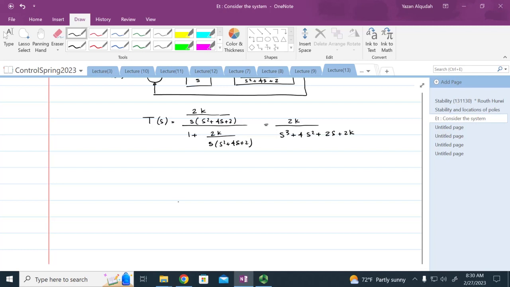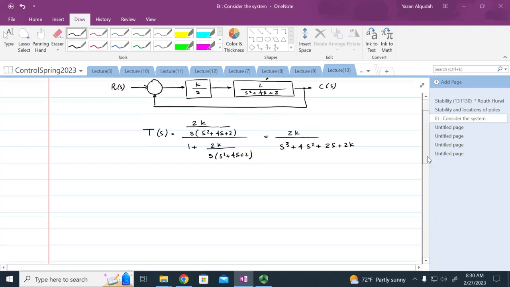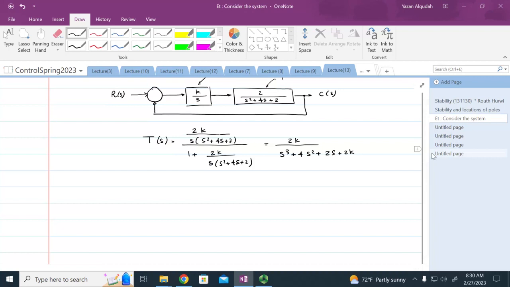So therefore, the stability is a characteristic of the system. Okay. So what we like to do, if we are designing a controller, I mean, this is a controller. For some reason, we chose the controller to be like this. And therefore, we want to know what are all the values of k that will make the system stable. So we like to be able to determine stability for a range of values of k.